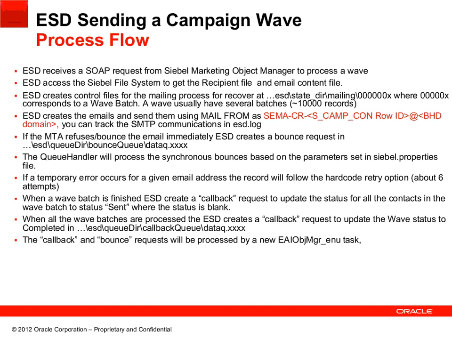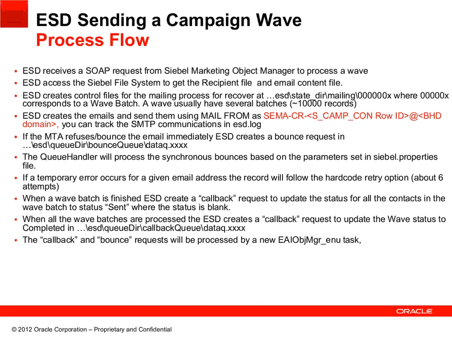If the MTA refuses or bounces any emails, ESD will immediately create a bounce request under the ESD queue directory, bounce queue, data queue.xxx file. The queue handler will process these synchronous bounces based on the parameters you have mentioned, and it updates the campaign list contact status as bounced.